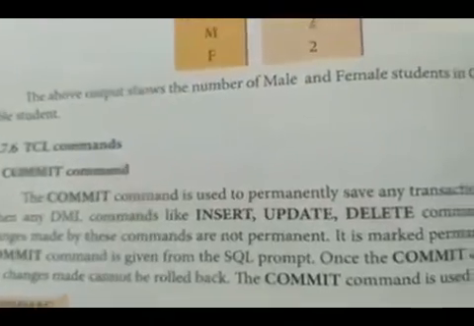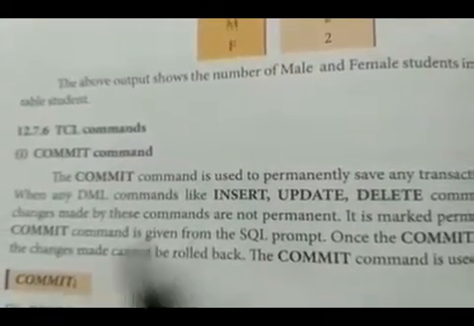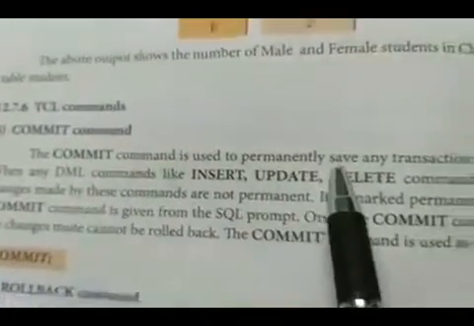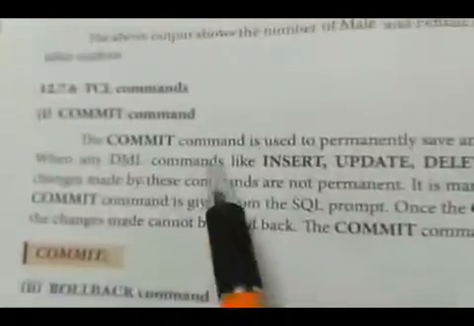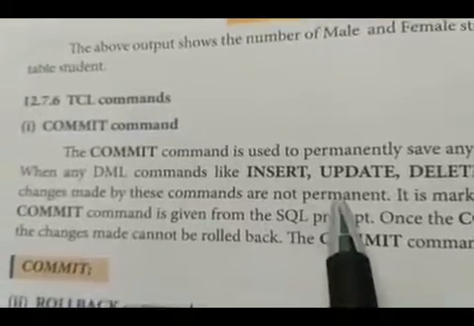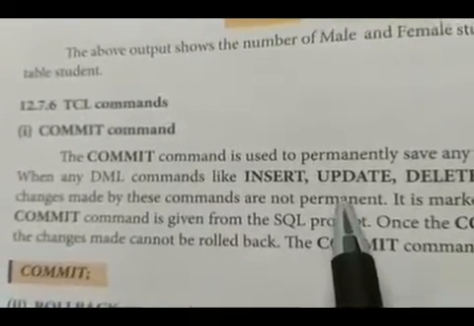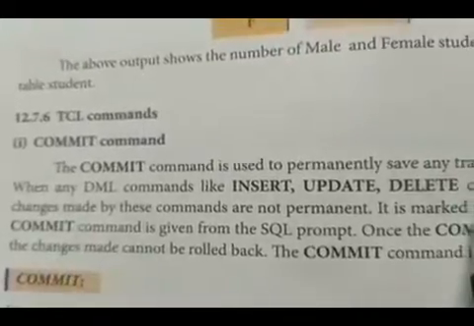So here the commit command is used to permanently save the transaction to the database. While DML commands are used, the changes made with the commands are not permanent, but they are marked permanent when we use the commit command.